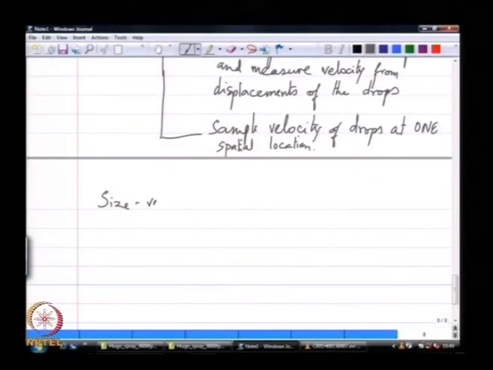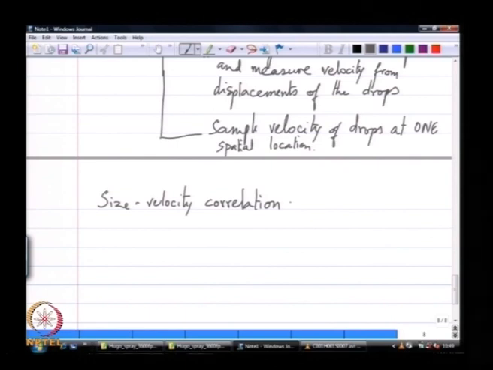Okay. Now, the basic requirement for equivalence between these two, and we will only focus on the first one, is that all drops have to be moving with approximately the same velocity, if not exactly the same velocity. That principle is very often violated in a real spray, and therefore, these two measures are completely different, and that violation is quantified in terms of what is called size velocity correlation.